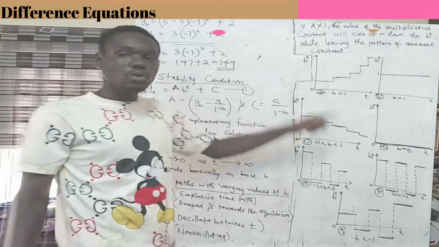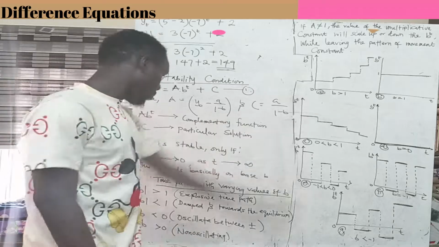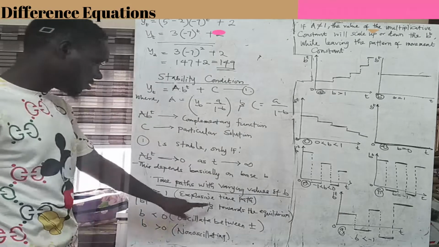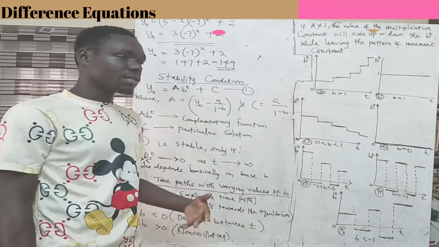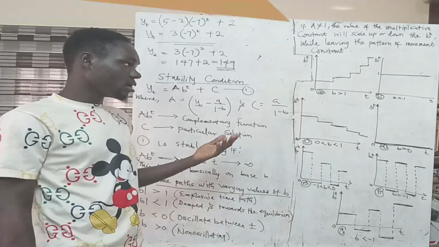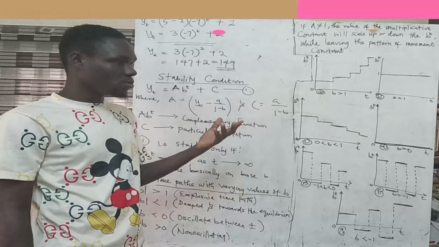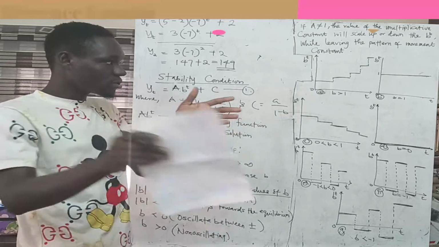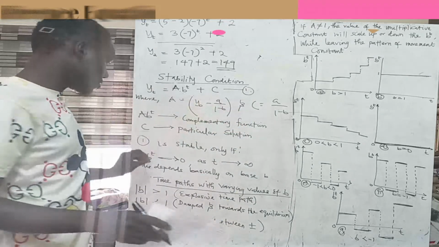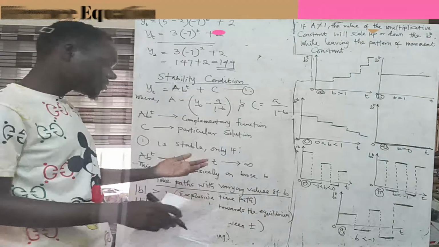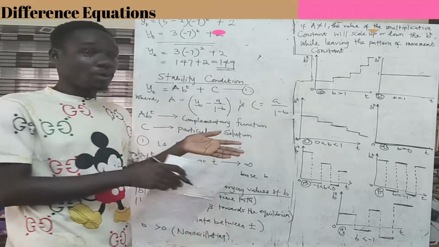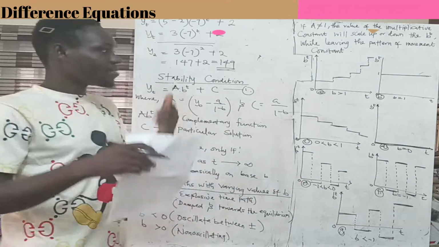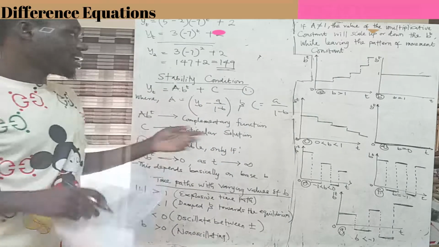So in a situation whereby b is greater than 1, what happens is we have an explosive time path. What do you mean by explosive time path? You always have a dispersion away from the equilibrium state. We have the equilibrium not returning back to the starting point. It will keep diverging and diverging away from that state.